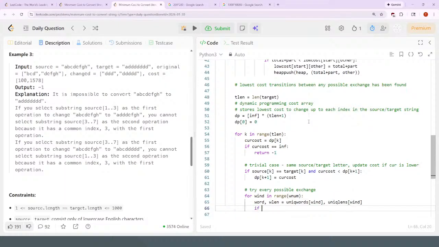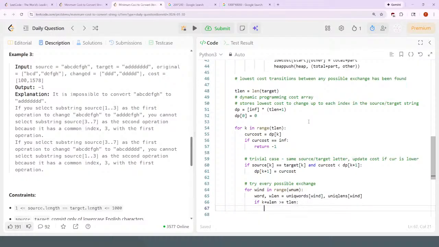And then if it's impossible to do this, then I need to skip it if k plus word length is greater than or equal to the target length. Continue. I think that's right. It's greater than or equal to or greater than.